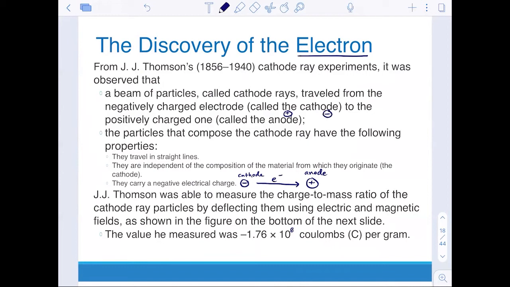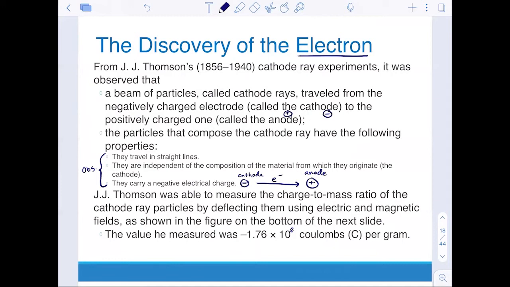Now, these are all observations, right? They're all observations. You can get an experiment to then collect data. J.J. Thomson was able to measure the charge to mass ratio of the cathode ray by deflecting them using electric and magnetic fields.